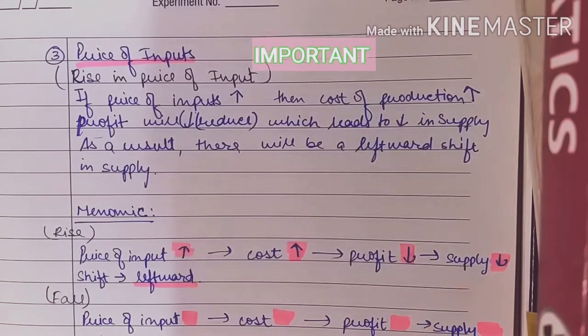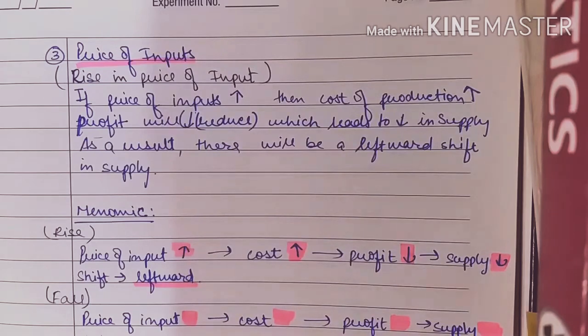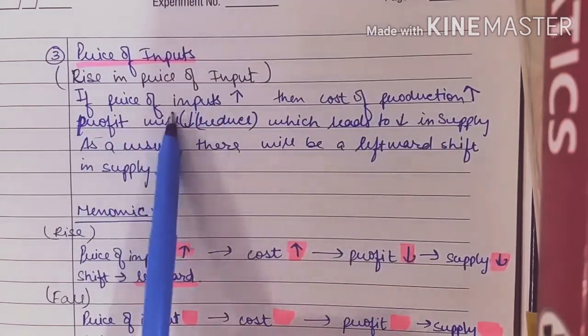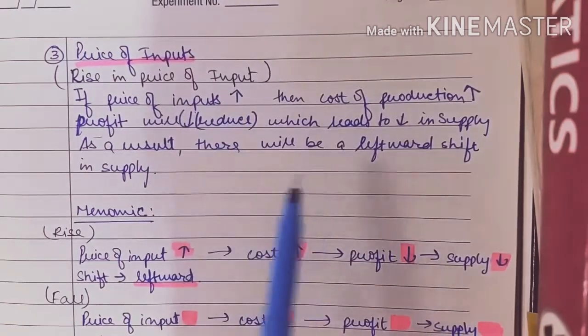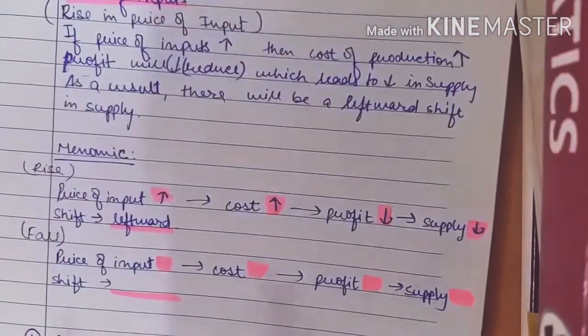Third factor, price of inputs. There are 2 parts. When prices rise and when prices fall, you may say it as increase or decrease in price of inputs. First, rise in price of inputs. If price of inputs increases, this sign I'm using it for increase and this sign I'm using it for decrease.